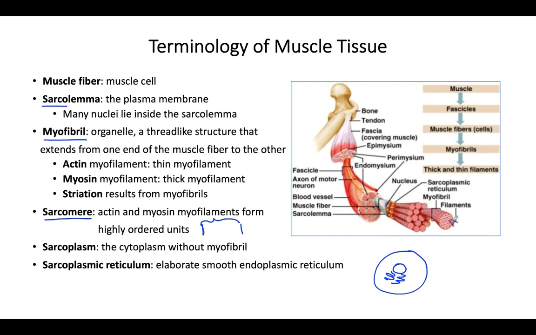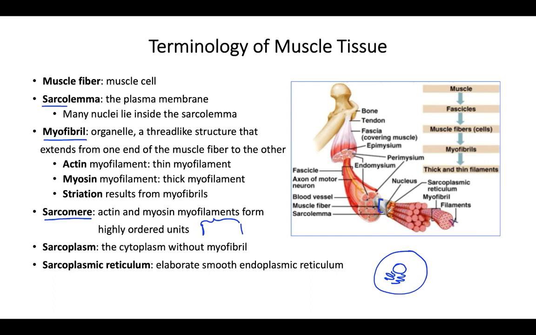Here, this is a myofilament. Therefore, we call this myofibril. This filament, one is actin, the other is myosin filament. These two kinds of myofilament form myofibril. You can see this thread-like or stick-like myofibril in the muscle fiber. And this membrane is the sarcolemma, the plasma membrane of the muscle fiber. Therefore, this is a muscle fiber.